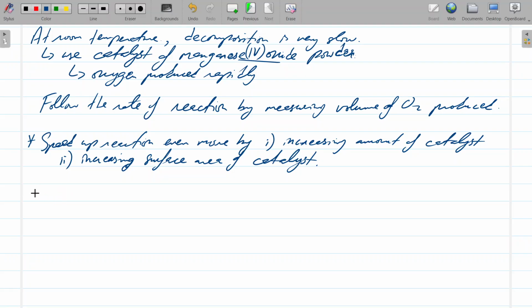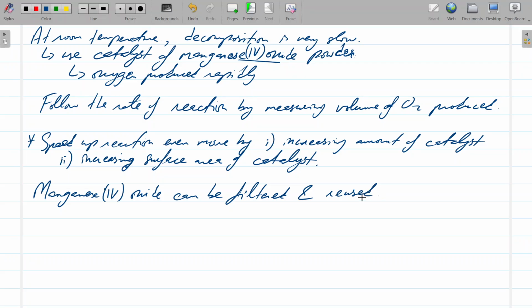So first of all, the manganese 4 oxide can be filtered and reused. And so what are the observations? A small amount of catalyst will produce a large change.